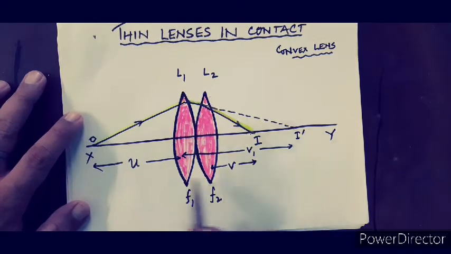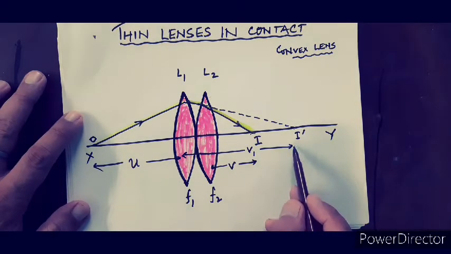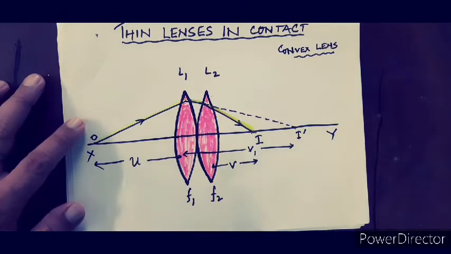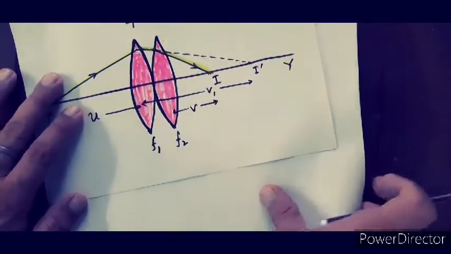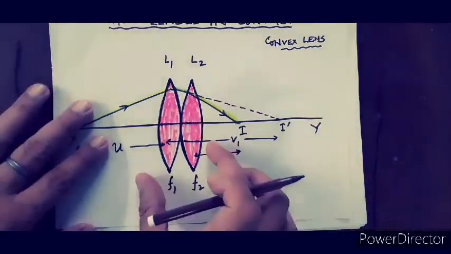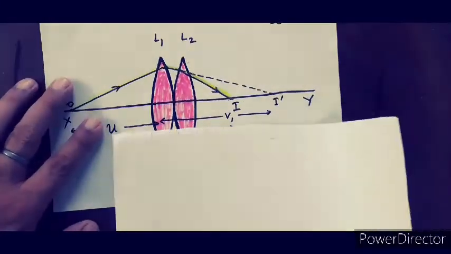F1, F2 are the focal lengths, U, V, and here the intermediate image is there, the V dash or V1 is the denotation. Now we are going to find the equivalent focal length.